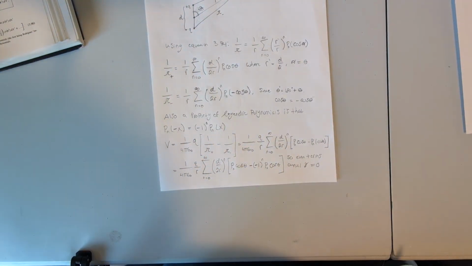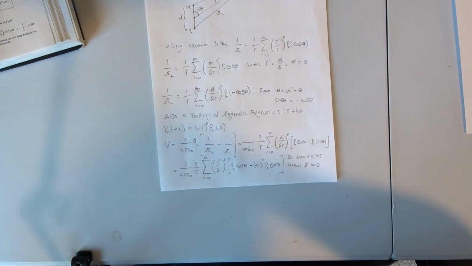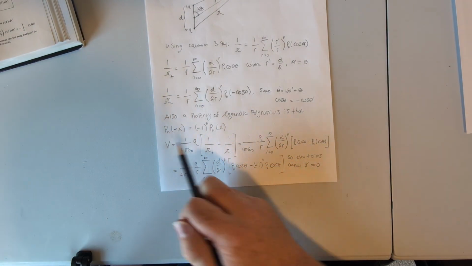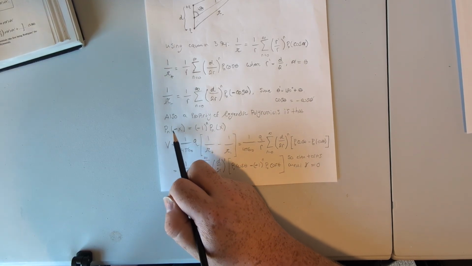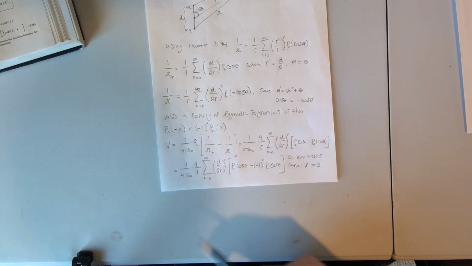If you go look at Legendre polynomials in the book and think about this for a second, it starts to make sense. So essentially, for the even Legendre polynomials, this negative 1 just becomes 1 because negative 1 squared is 1.